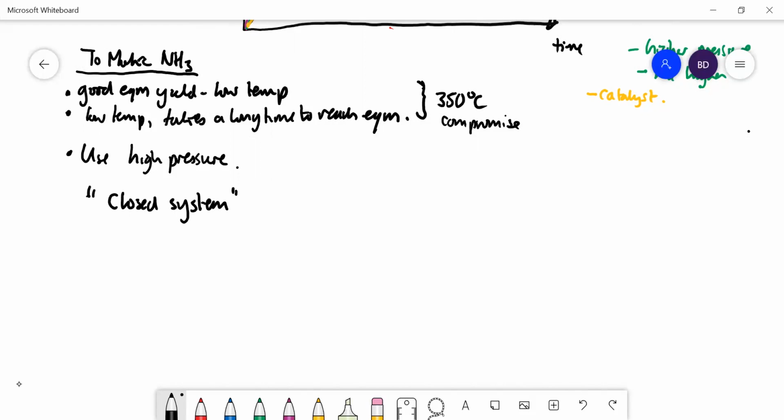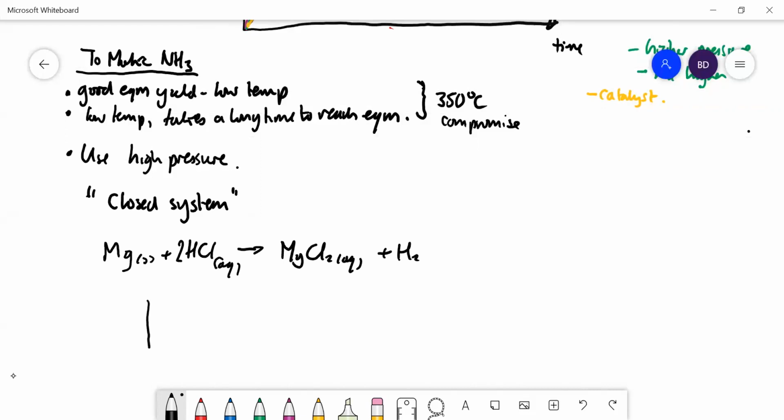Just to explain what a closed system is, let's think about if I got some magnesium and I put in hydrochloric acid, HCl. It would fizz up and make magnesium chloride solution and hydrogen gas.